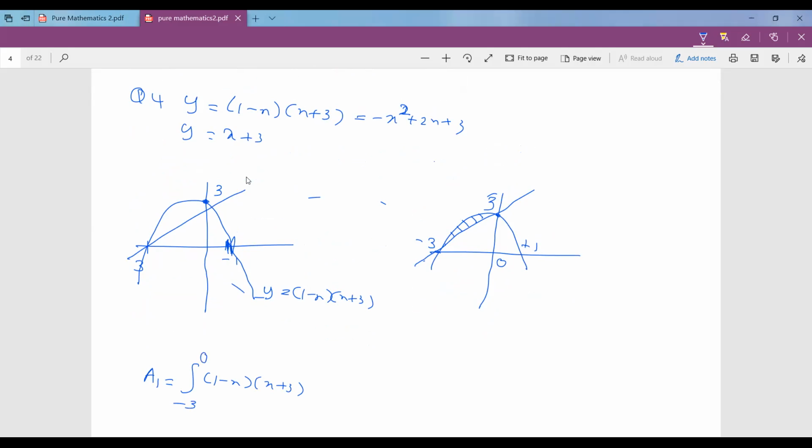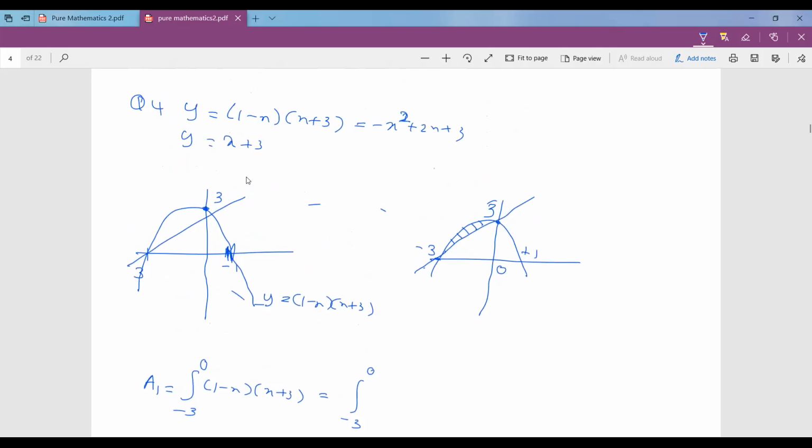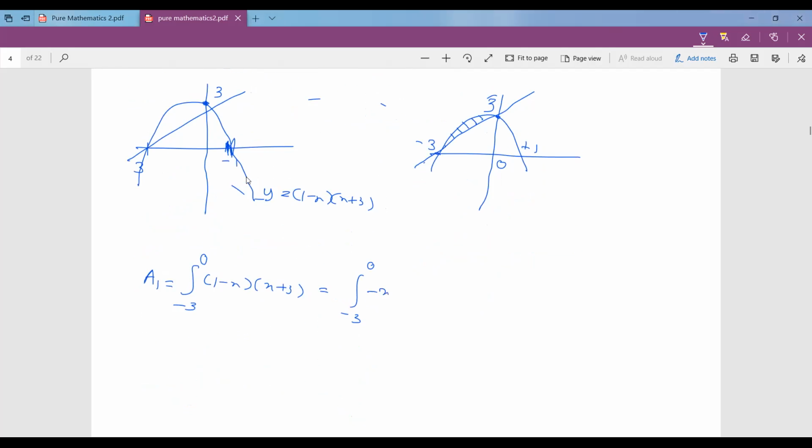Why am I doing it like that? Because they are asking about the area enclosed in this bit of it. That means it is the area under the curve from minus 3 to 0, right? So if you do this, from minus 3 to 0, I have already expanded this bracket. So it's minus x squared minus 2x plus 3.